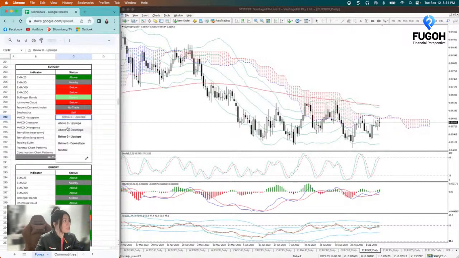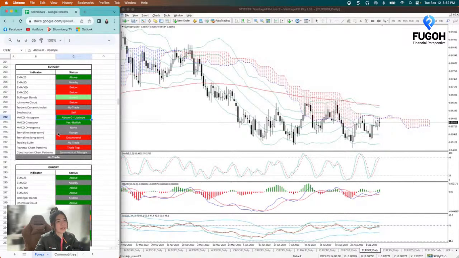Our MACD is changing from above zero and it's starting to form an upslope. So above zero, upslope, MACD crossover. Yes, we have a bullish one. So for MACD, these two are bullish. How about a divergence? Do we have any divergence? Lower, lower, higher, higher. No, we don't.